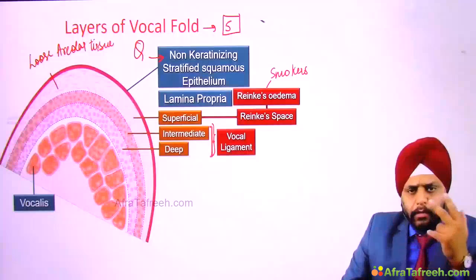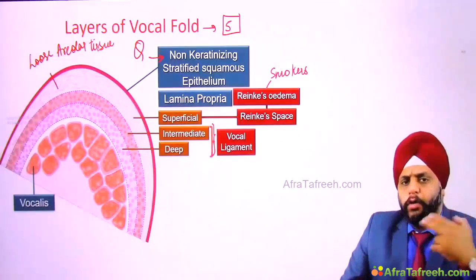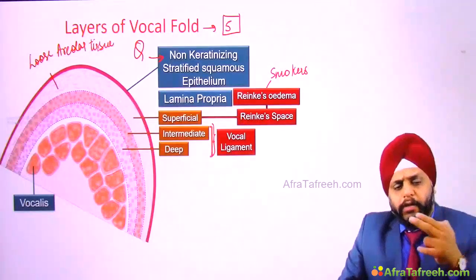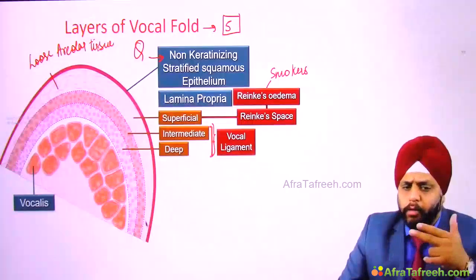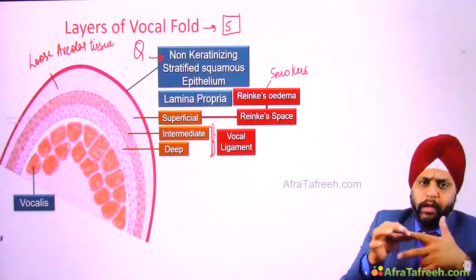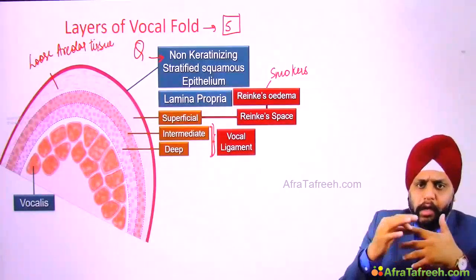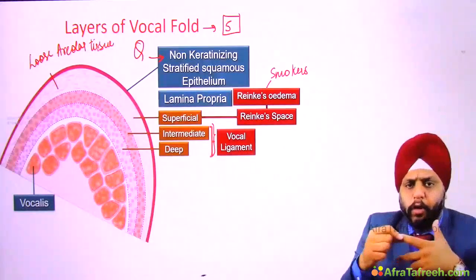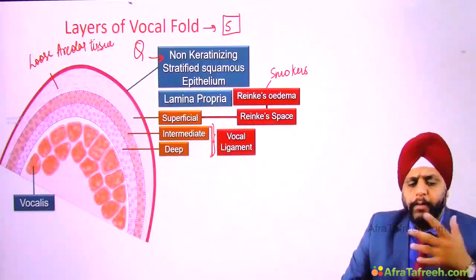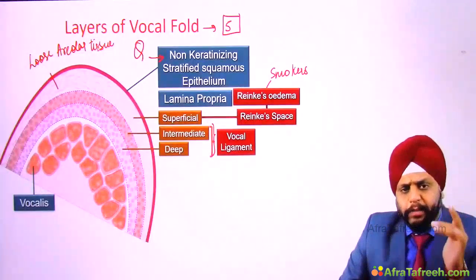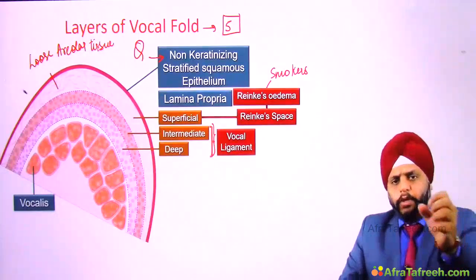Now, you see a smoker holds the cigarette like this, with the index finger, thumb, and middle finger. So Reinke's edema, look at the index finger. Reinke's edema is more common in smokers, so it affects the index finger. Then you see the maximum strength. Suppose you have to grip something.